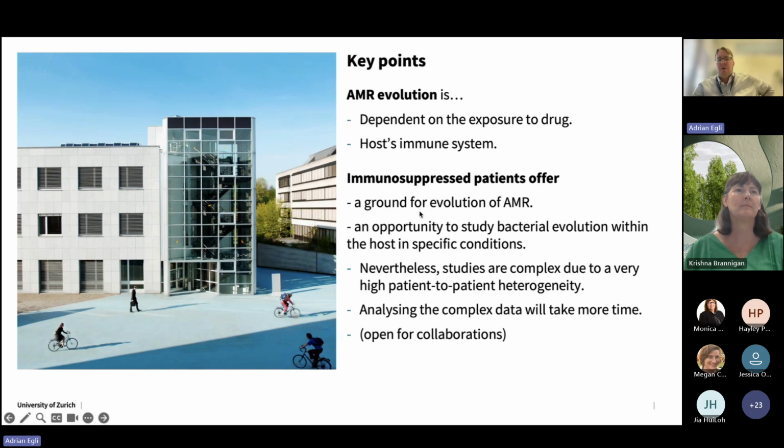Immunosuppressed patients offer a ground to study the evolution of AMR, and there's an opportunity to study bacterial evolution in these patients. Nevertheless, studies are complex due to very high patient-to-patient heterogeneity, and I hope that we can describe certain generalizable patterns in these 100 patients, and I'm very, very open for collaborations if you have ideas.